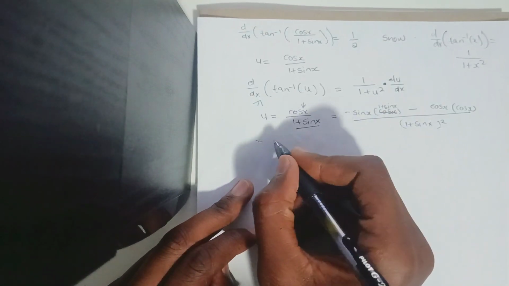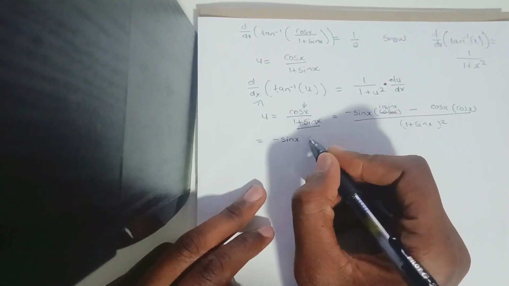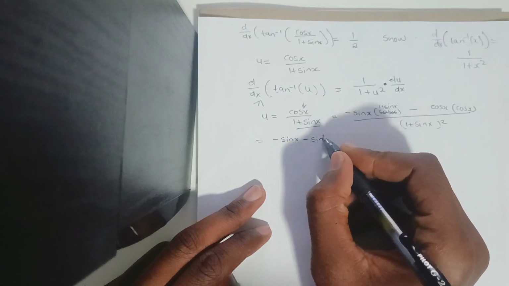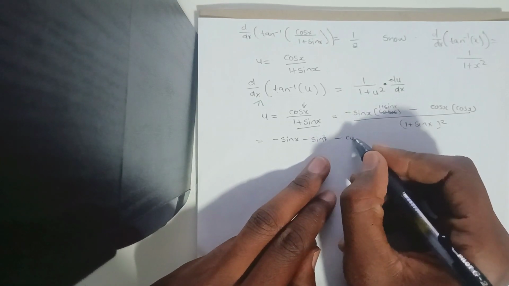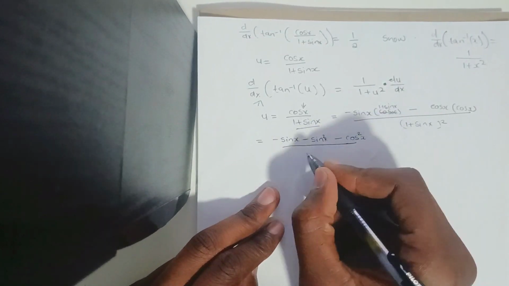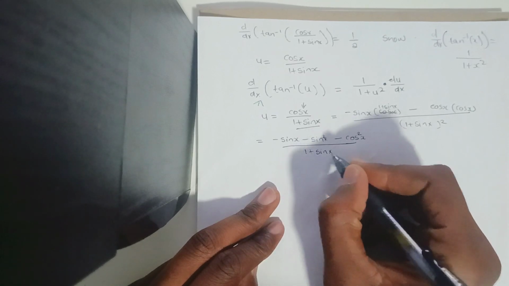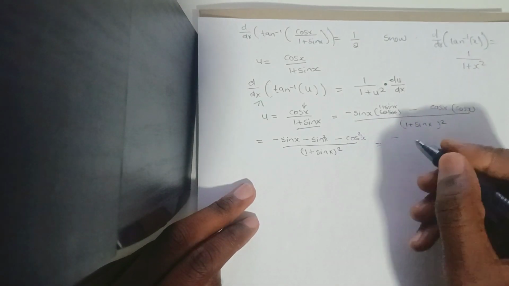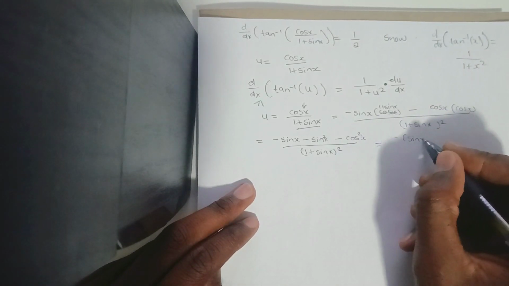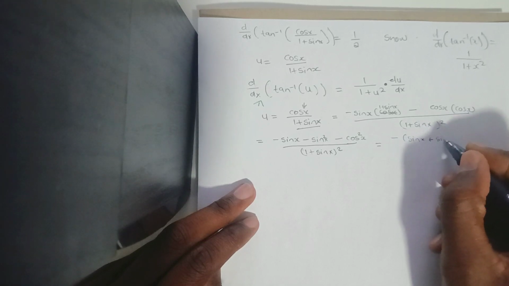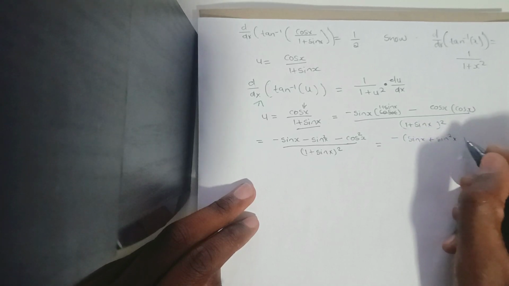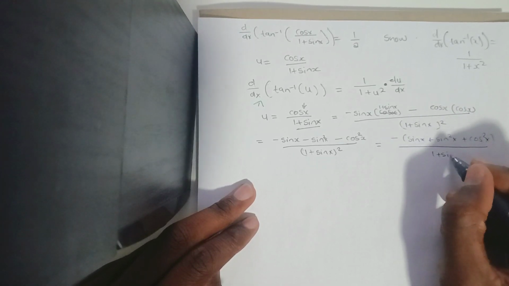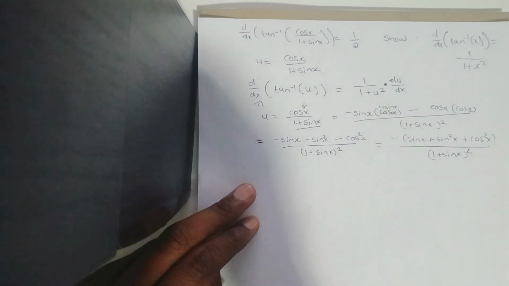So now let us try to simplify. Right, now we need to factor out negative, and then we'll have sine x plus sine squared x plus cos squared x, then divided by 1 plus sine x, right?